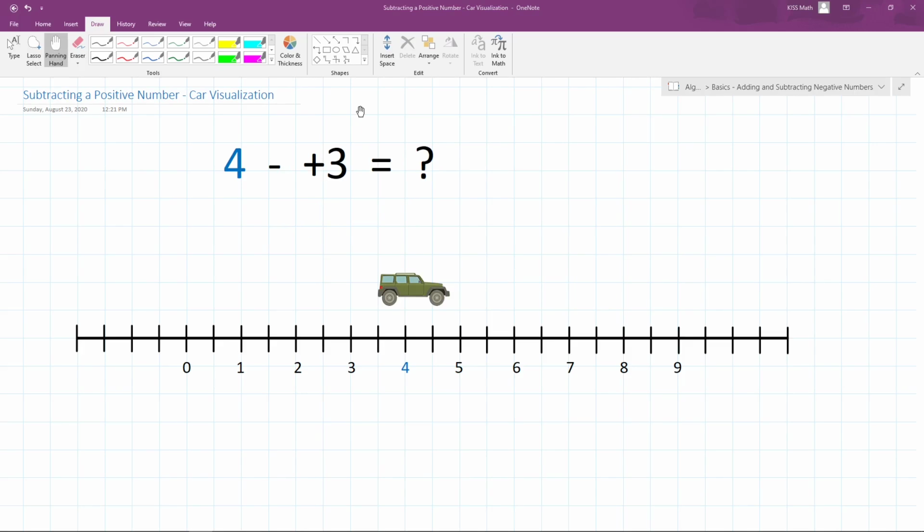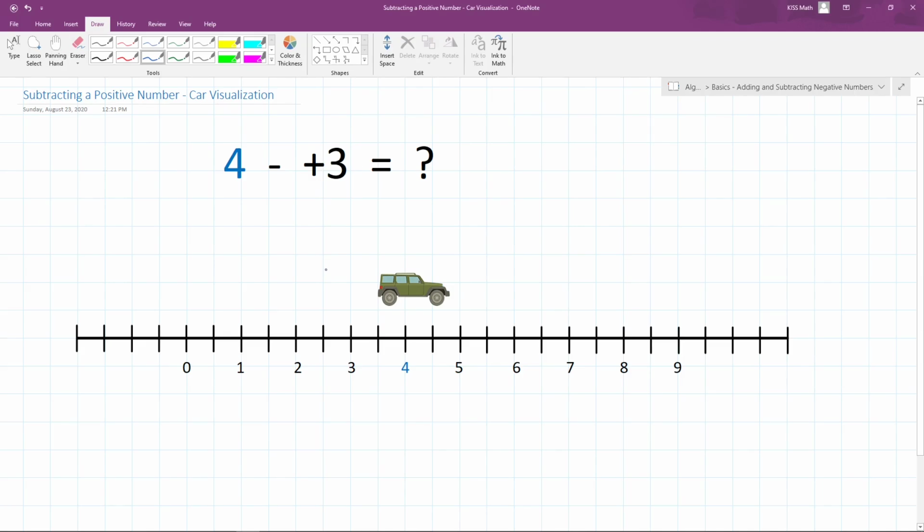Now, instead of adding a positive number, let's subtract the positive number. So we're starting at 4 again, but this time the operator sign here is negative, indicating subtraction. So now our car is in reverse mode, meaning this car will be moving backwards. The sign on the 3 though is still positive, so the car is still facing right, or the positive direction, and we have 3 here again telling us we're going to be moving 3 units.